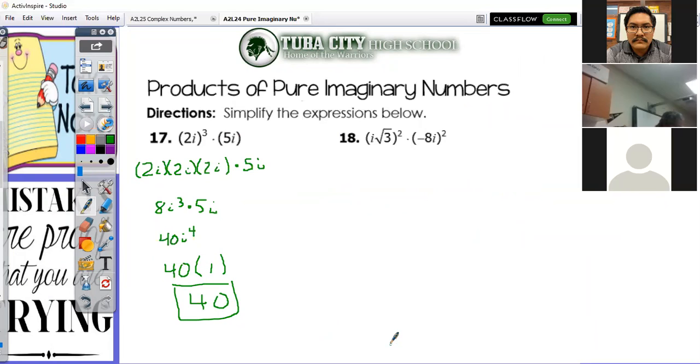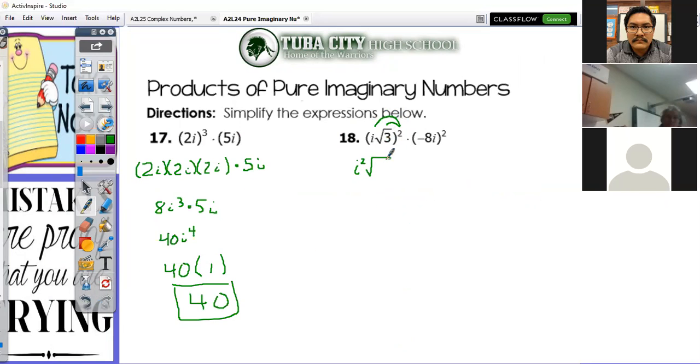Okay, number 18 now. All right, now in this case, since I have two terms, I can also do something kind of like distributive, but I don't like saying that because sometimes it's a little bit more complicated than that. But I'm going to make both of these 2 power, so i squared, and I'm also going to square 3.